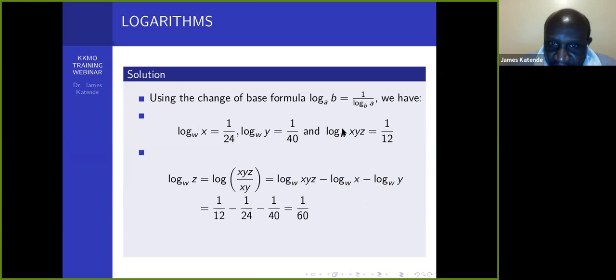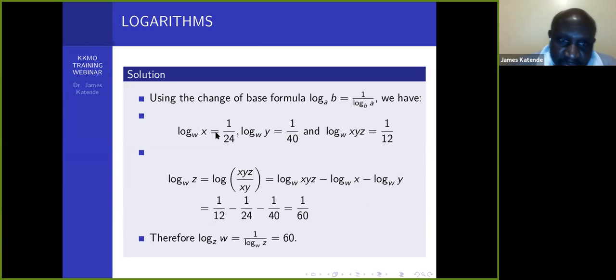We have them up here. So we just plug them back into the problem, and we find that log of z to the base w is 1 over 60.